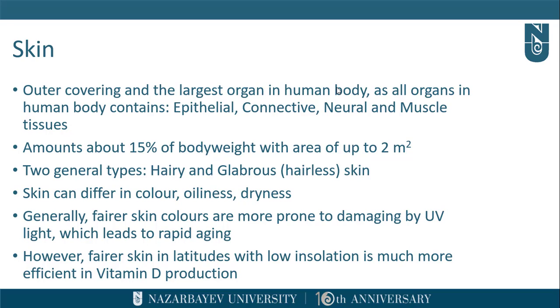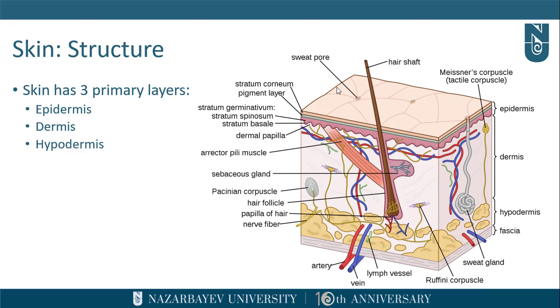And based on the color of our skin, we can have different complexions. Fairer skinned people are more prone to damage from UV light, which will definitely cause rapid aging, but people who have a fair complexion are more efficient in vitamin D production when they are living in areas where we have low sunlight.